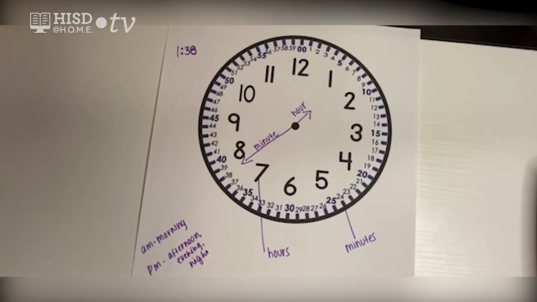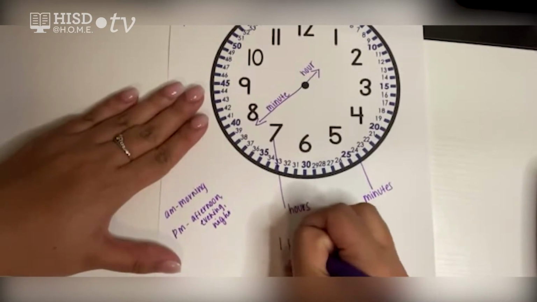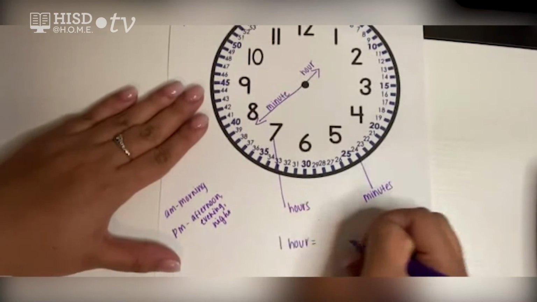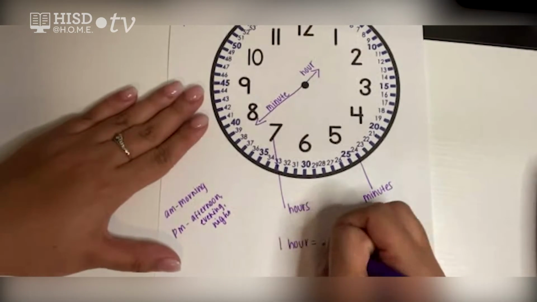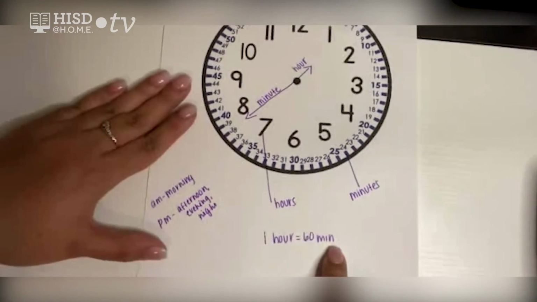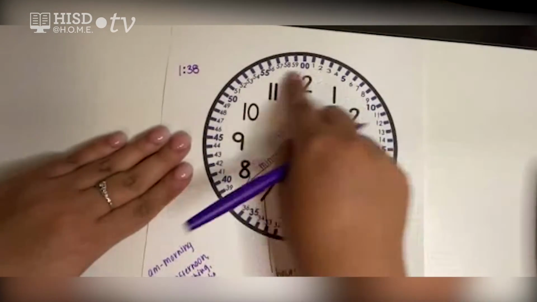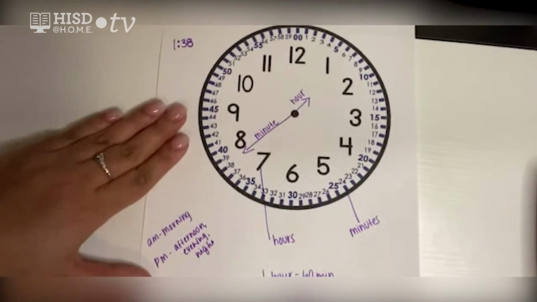Now, how many minutes are in 1 hour? 1 hour equals how many minutes? 60 minutes. Very good. And I'm going to write min for minutes here. So you guys can see that 1 hour is 60 minutes, okay?